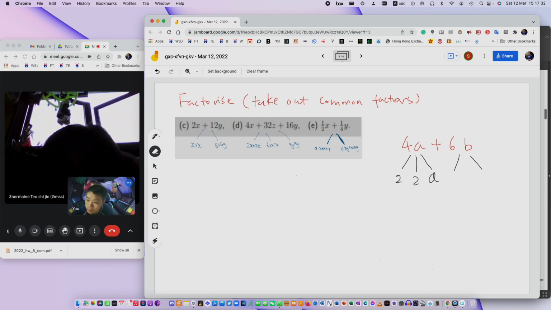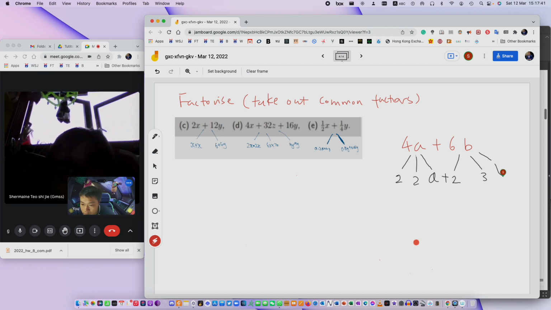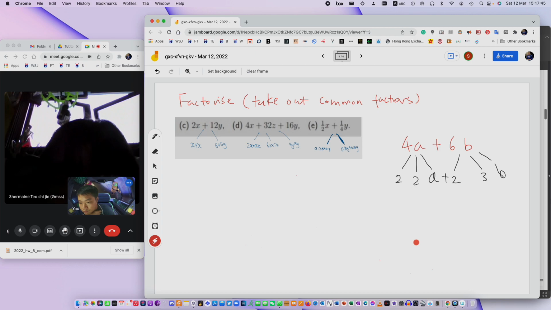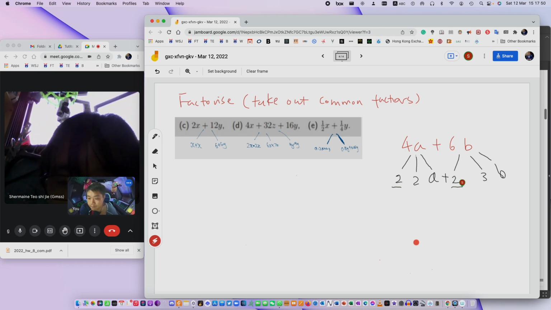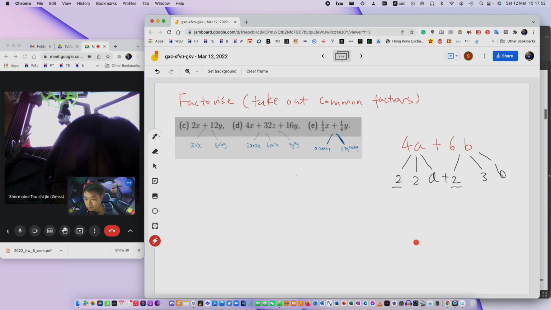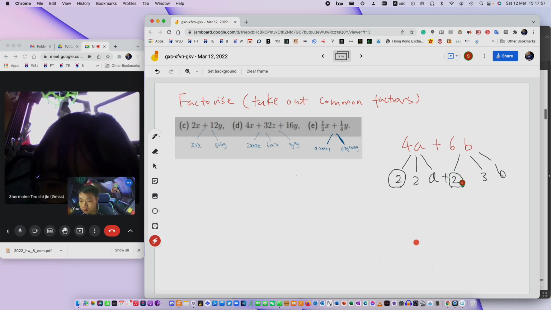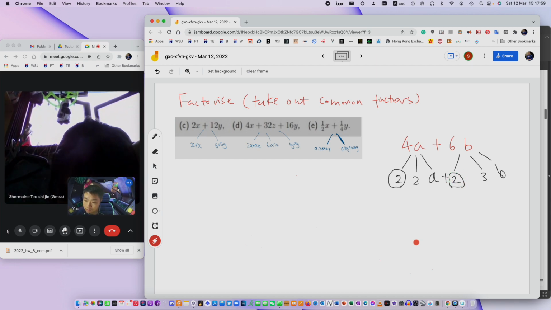In between, what is in between? Okay, very good. So underline what is common, or circle. I think circle is the best. If you see they are common, take it out. Once you take out, what is left?